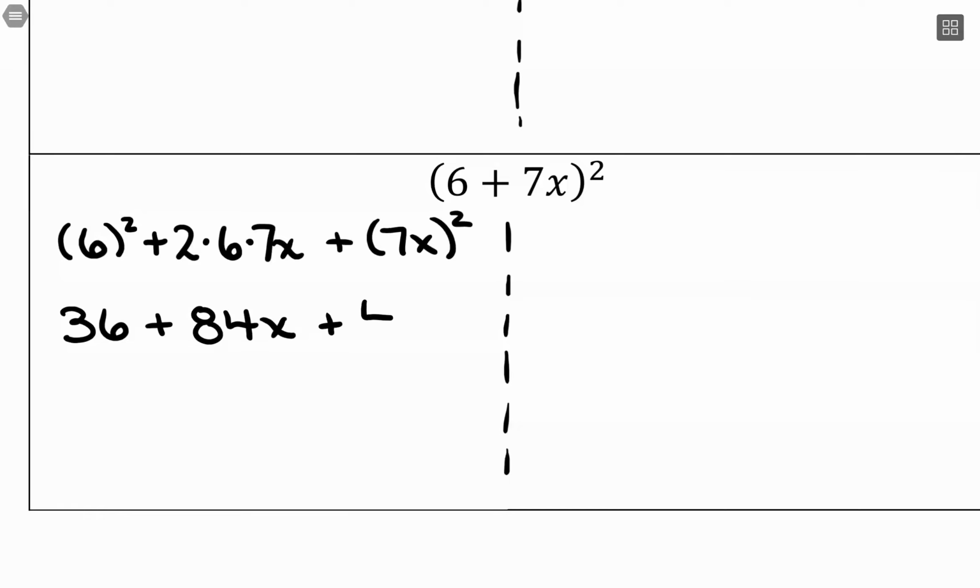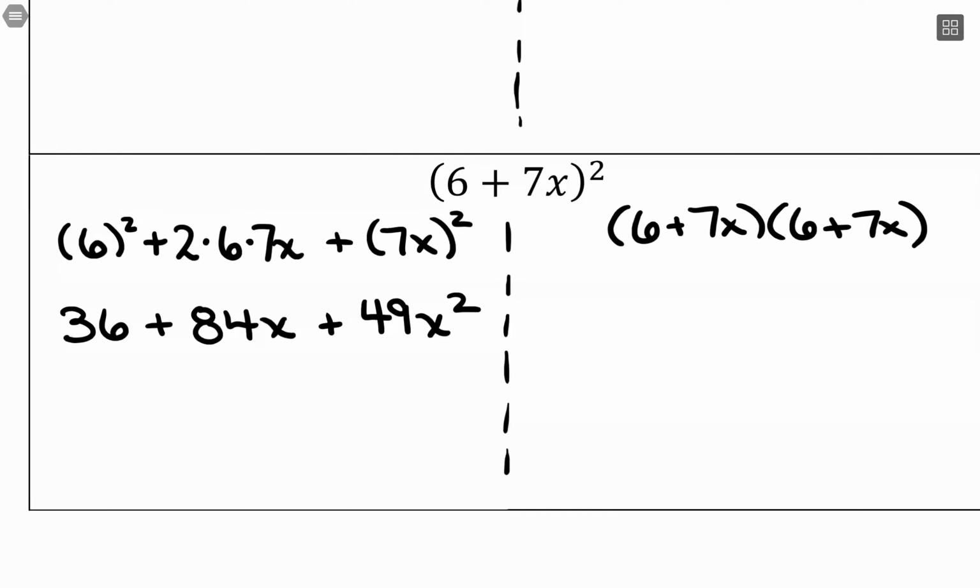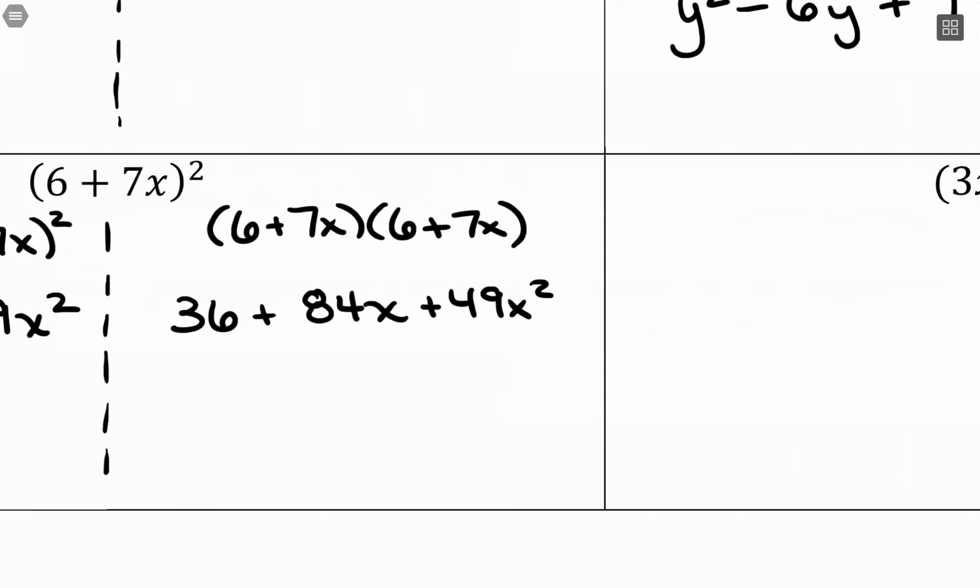And then 7 squared is 49, and then x squared. So you can do it that way, or, again, foiling will get us to the same spot. So 6 times 6, 6 times 7, 42, so you'll have a 42x plus 42x. And then 7x times 7x for 49x squared.